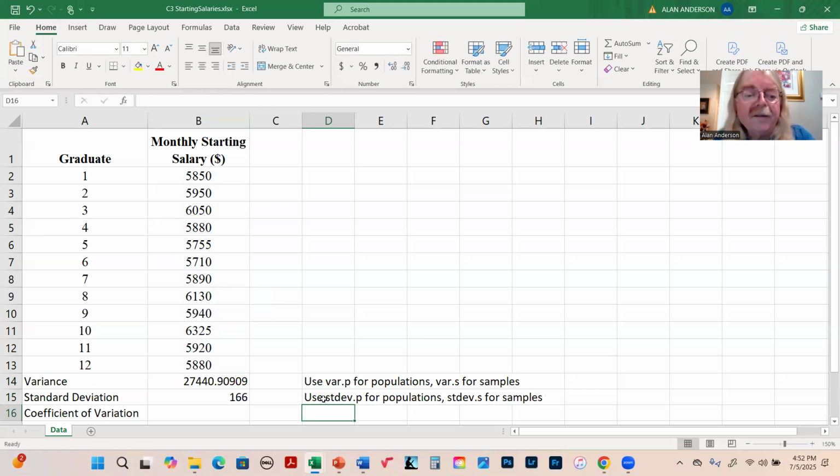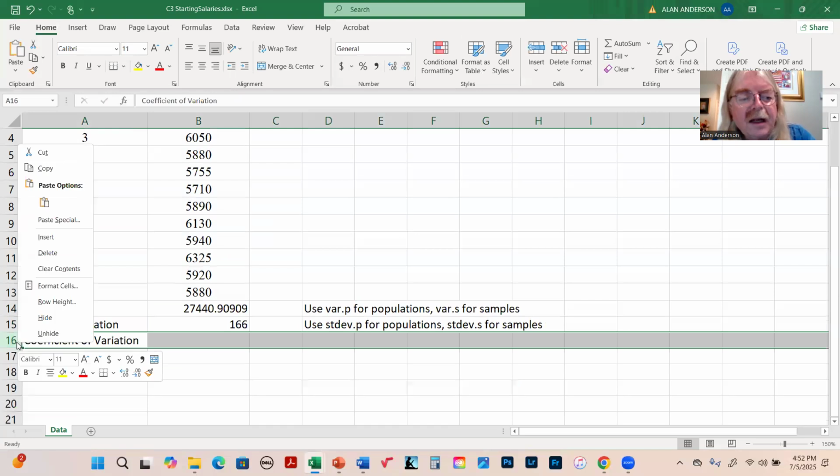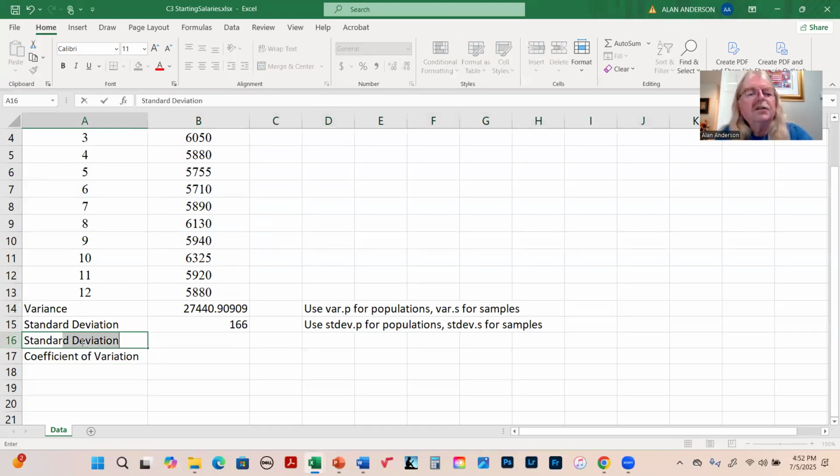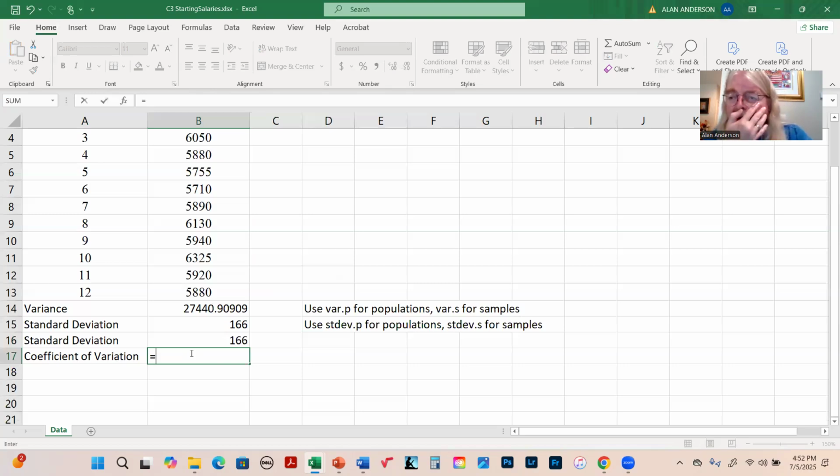But we could have, in fact, let's do that here. Let's have a second line here just to show that they're going to give us the same answer. Just do the square root. That also works. And then the coefficient of variation, it doesn't have its own.